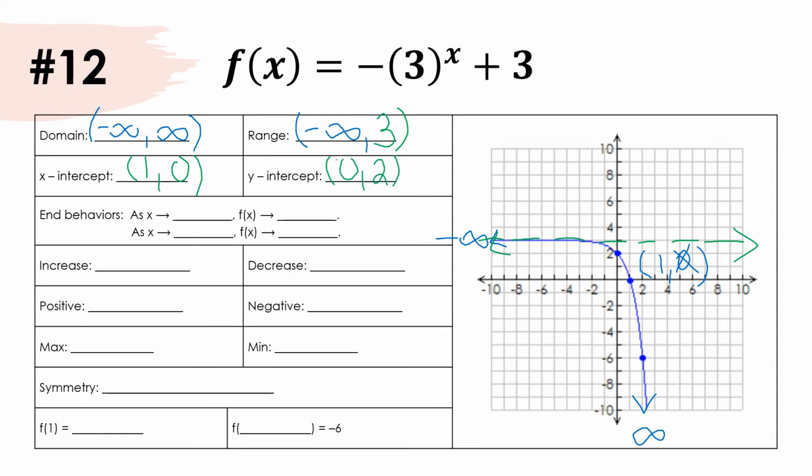End behaviors. On the end behaviors, you're describing what is happening to the function as it goes left and right. As it goes left, we're looking at negative infinity. So it's going left. That's why I'm writing a negative infinity. What else is it doing besides going left? Is it going up to infinity? Is it going down to negative infinity? Or does it appear to be flattening? Well, as it's going left, it appears to be flattening because of the horizontal asymptote.